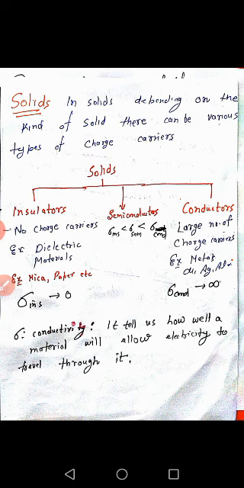What is conductivity? It tells us how well a material will allow electricity to travel through it. Conductivity is the property of a material which tells us how easily the material will allow electrons to flow under the influence of an electric field. As we are studying an electrical or electronic engineering subject, whenever I talk about conductivity, this means electrical conductivity.